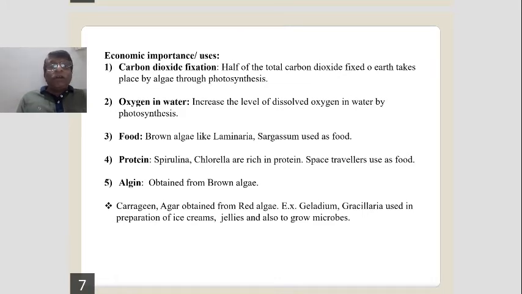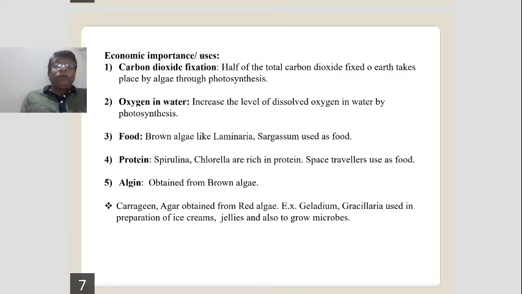Next, the algae are also used as food. Some brown algae, for example, laminaria, few members, sargassum.